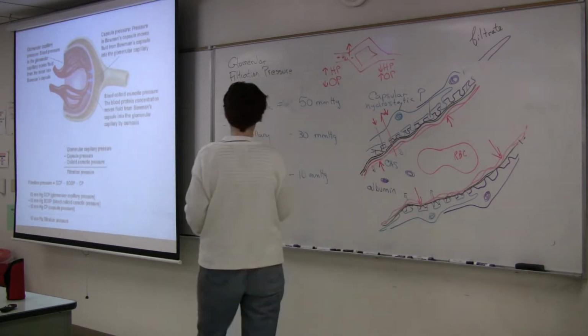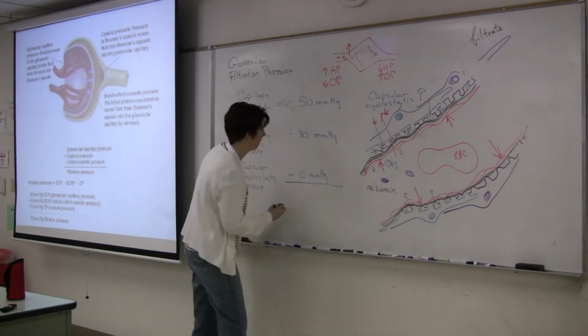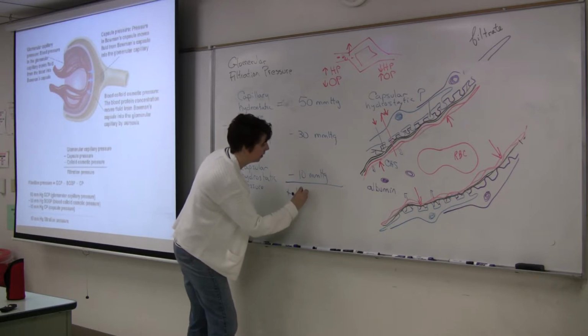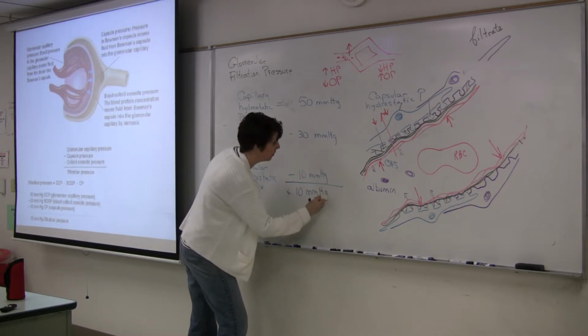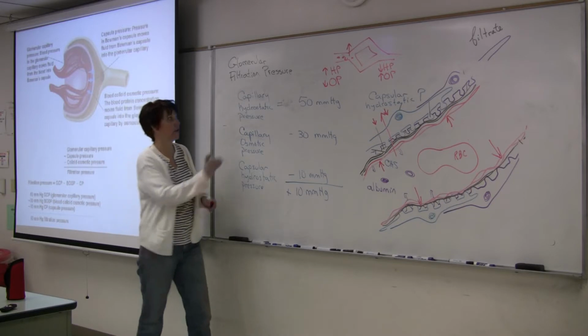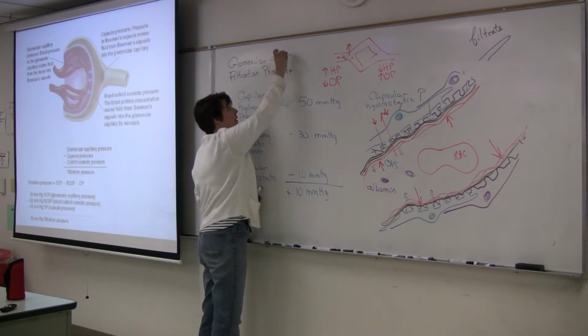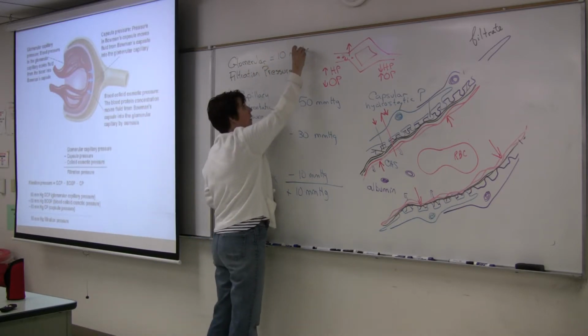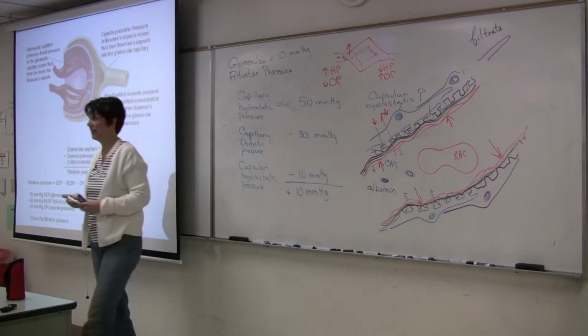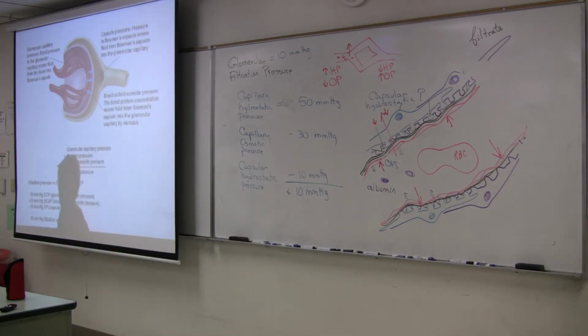So that leaves us with a normal glomerular filtration pressure of 10 millimeters of mercury, once we subtract the opposing pressures of the proteins in the blood and the fluid that's already in the capsular space.